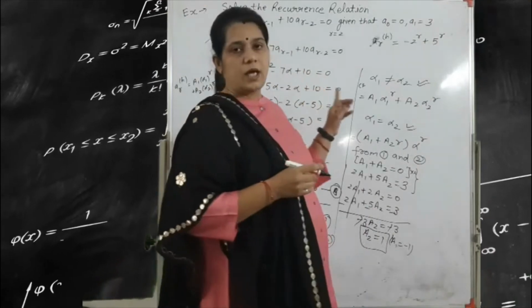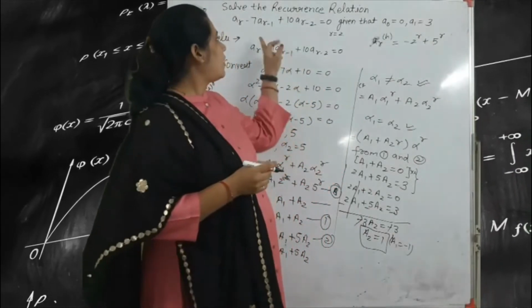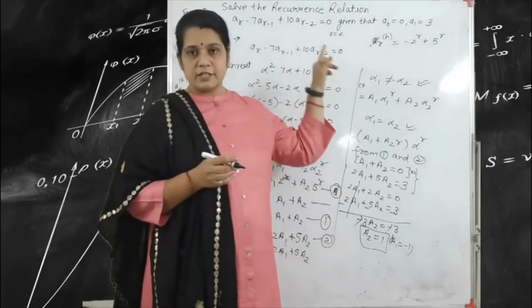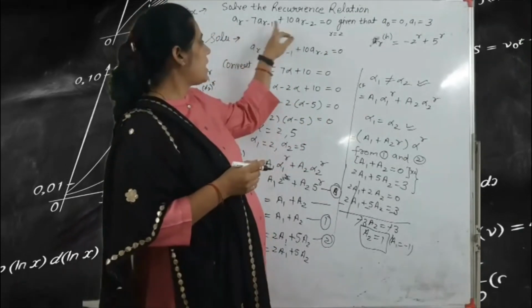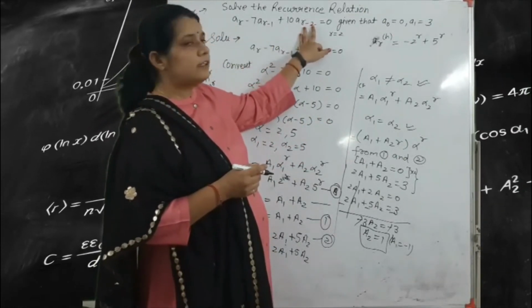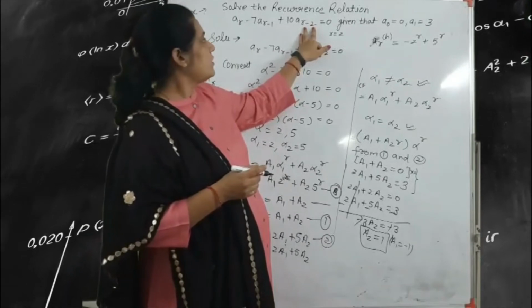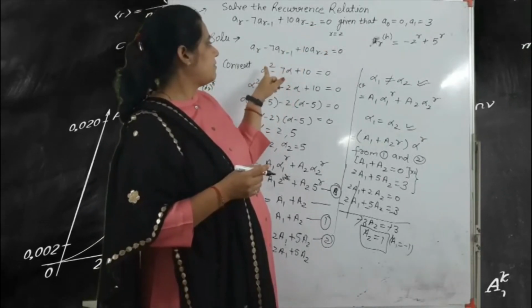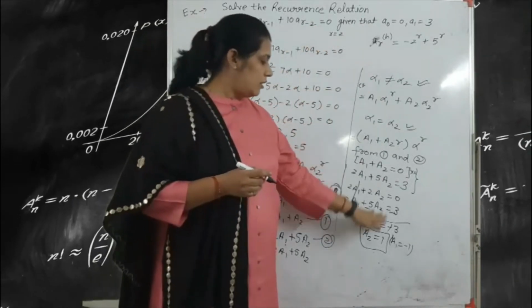This is your final answer according to this recurrence relation. So always keep in mind, see the largest number, and according to this number you write the power of alpha and solve all these values.